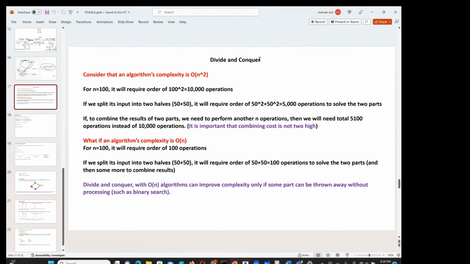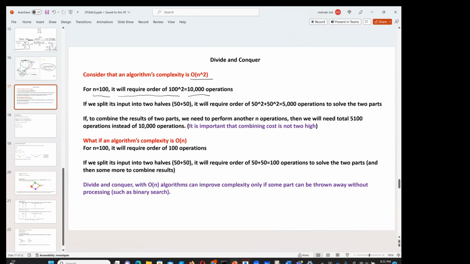So suppose you have an algorithm which has a complexity of n square, okay? That means if the input size is 100, how many operations will I need? 100 square, right? 100 square is 10,000. It will not be exactly 10,000, but on the order of 10,000.